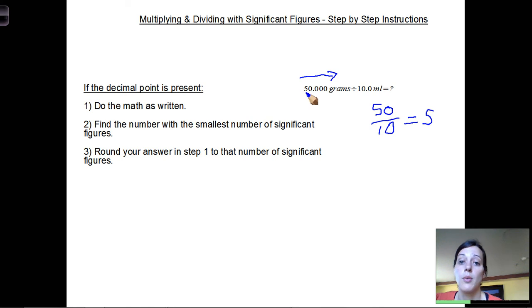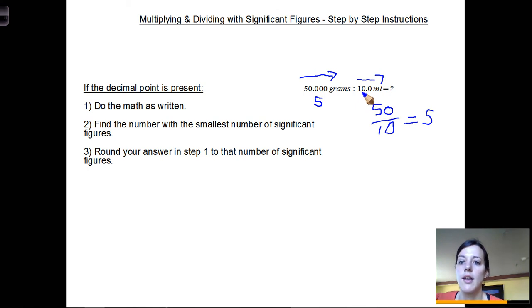The first number present is a non-zero digit, so we're going to start counting at that 5 and count the rest of the digits. 1, 2, 3, 4, 5. So we happen to have 5 significant digits over there. The other number also has a decimal spot present, so we will count from left to right again and work our way over to the Atlantic.